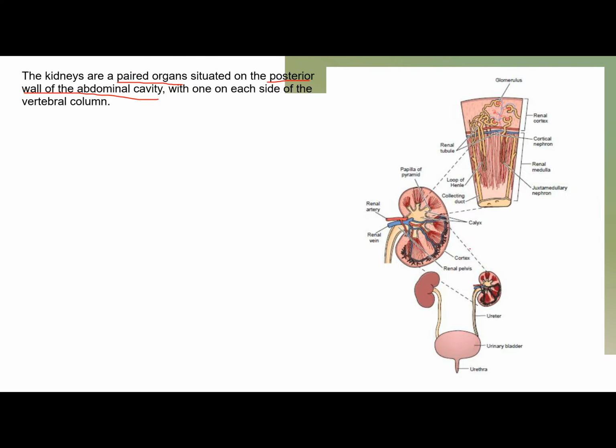So kung ito yung posterior wall ng abdominal cavity mo, nung stomach part mo, you can find them on the left and right side. They are situated on each side of the vertebral column. Sa gilid ng vertebra nyo, diyan sa tagiliran nyo. They are in a pair, dalawa yan, magkabilaan, left and right on each side.